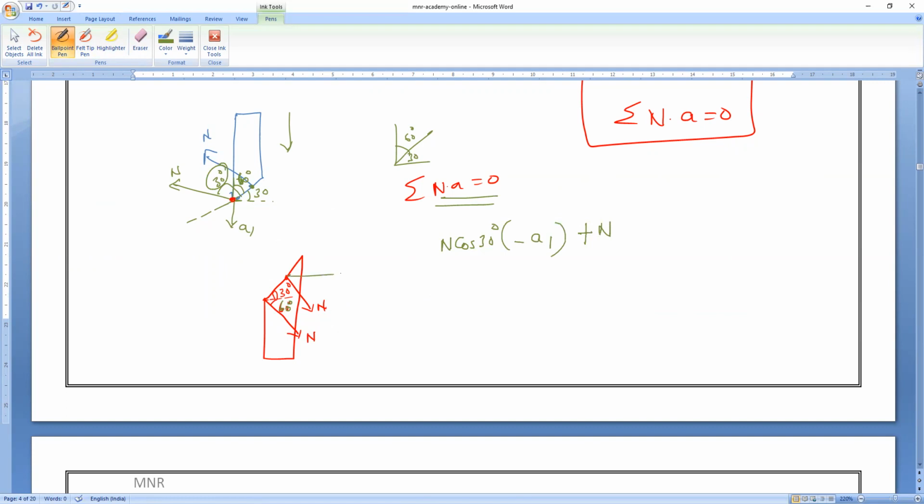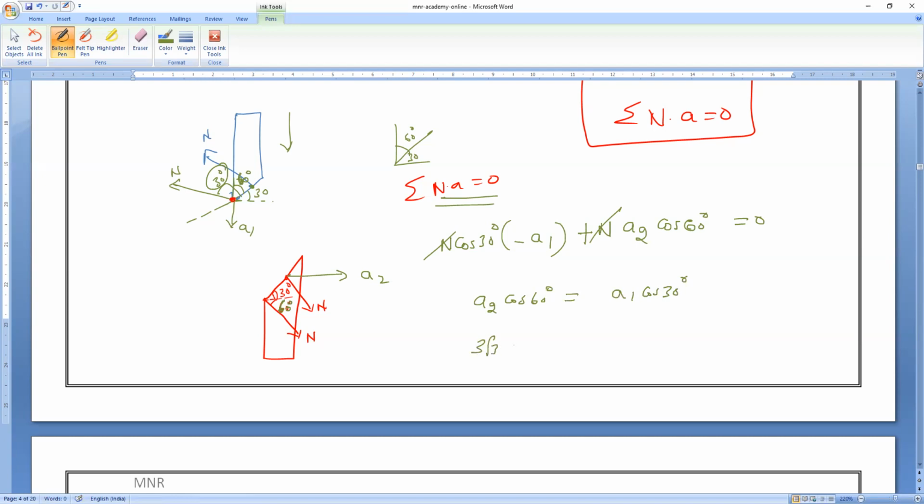N into a2 into cos 30 or cos 60? Cos 60. Now N will get cancelled. So what is left: A2 cos 60 is equal to A1 cos 30. Is it clear, everyone?